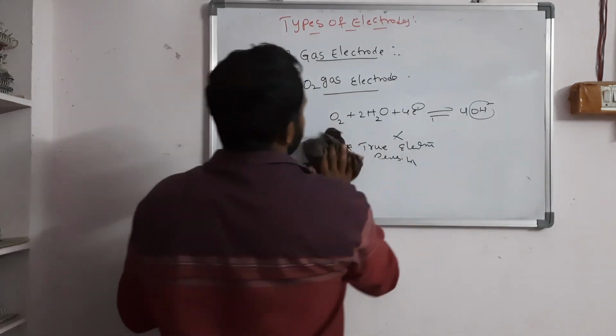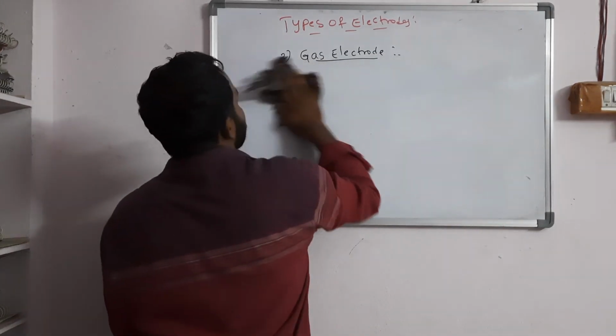The next electrode is the metal insoluble salt electrode. The third one is the metal insoluble electrode.